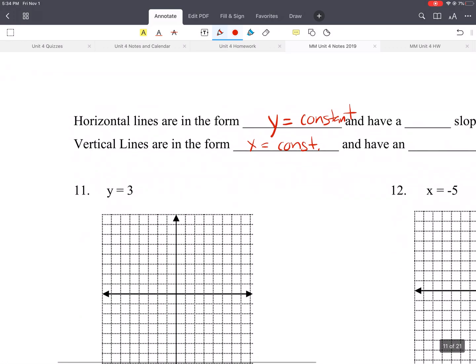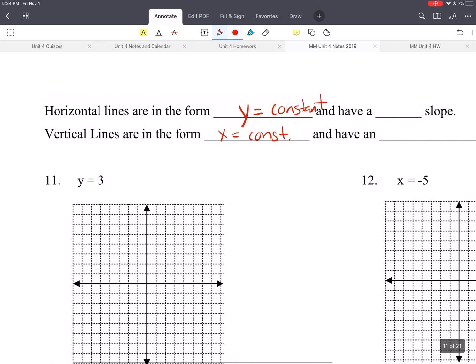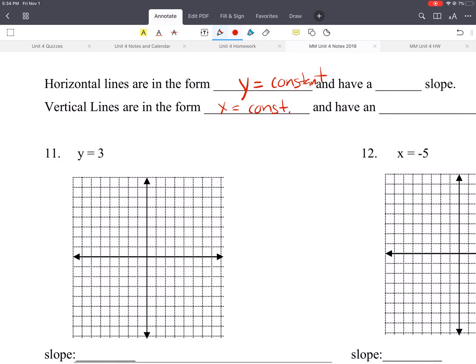All right, some other problems. Here we have some problems where it's just y equals something, or x equals something. So a horizontal line is of the form y equals some constant.